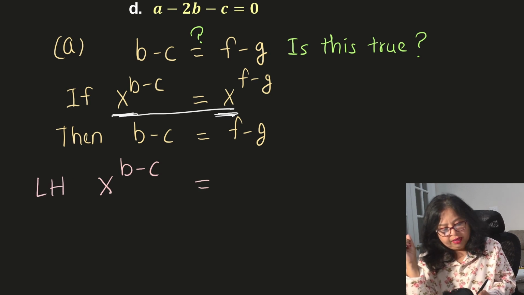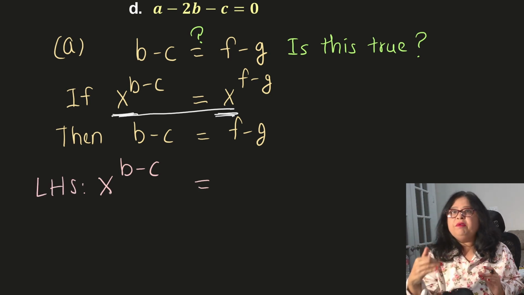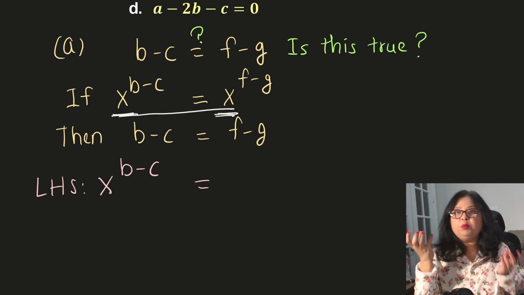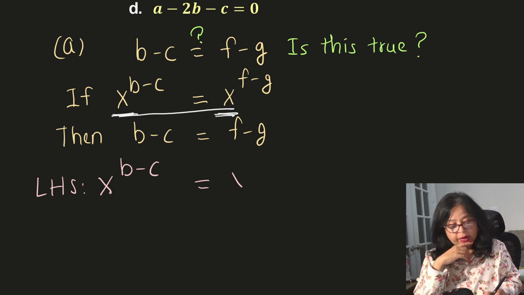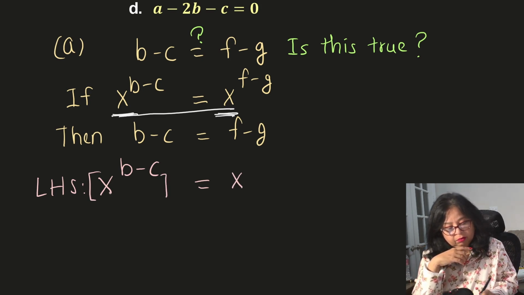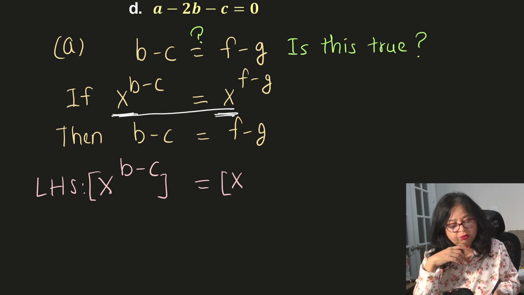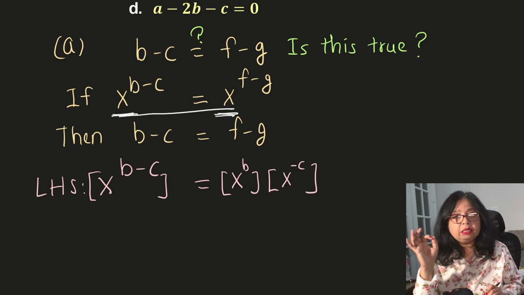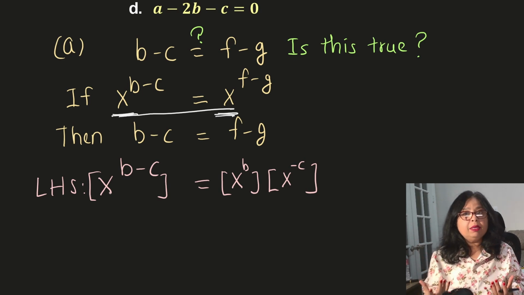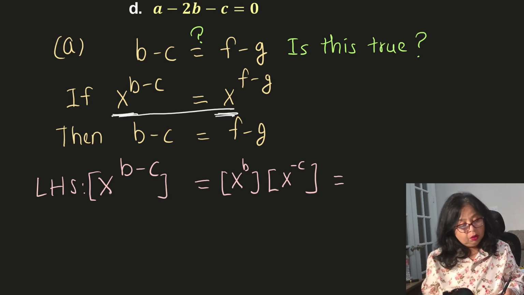Let's look at the left hand side first. I'm going to solve the left hand side and right hand side separately and then put them together to see if they are indeed equal to each other. I can write this, putting the square brackets to represent the dimensional formula, as x to the power b times x to the power minus c, the dimensional formula for these two, which can further be written as x to the power b times x to the power c, and I'm pulling this negative one out.